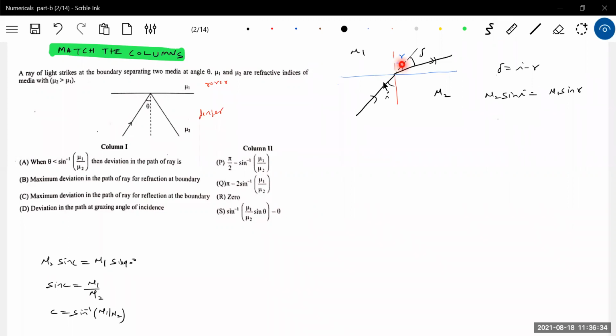No, deviation will be R minus I, sorry, deviation. It's moving from denser to rarer, no? Yeah.